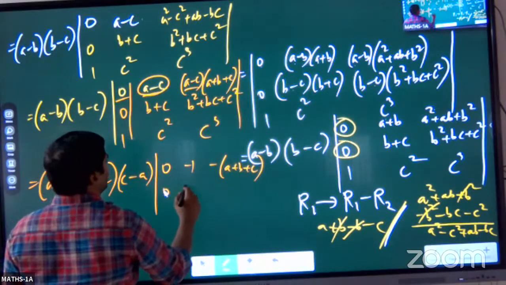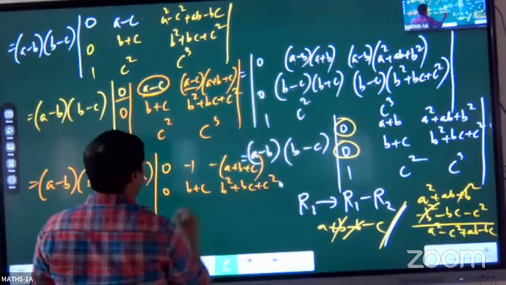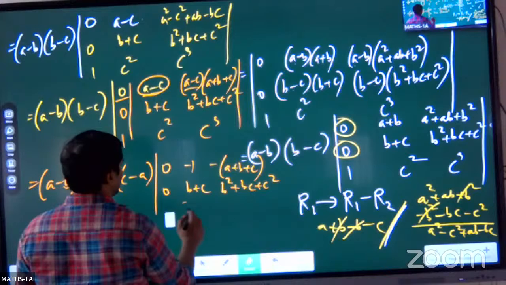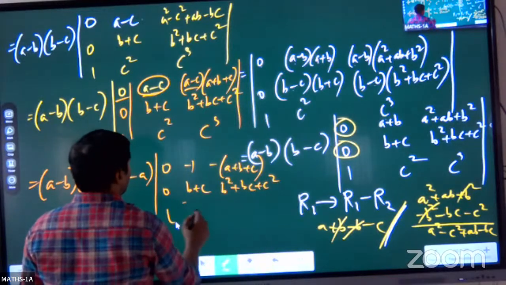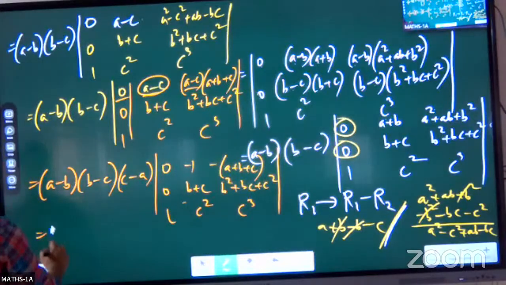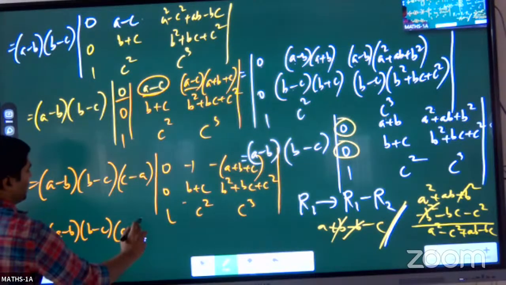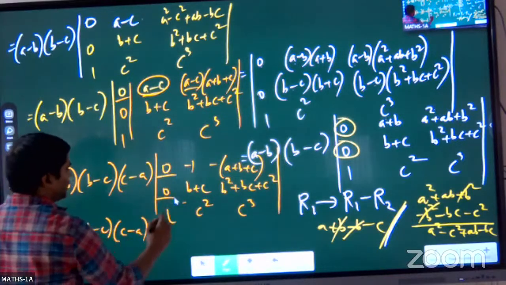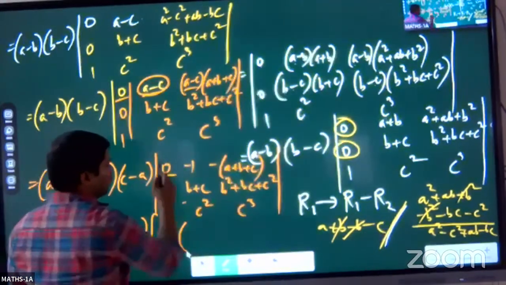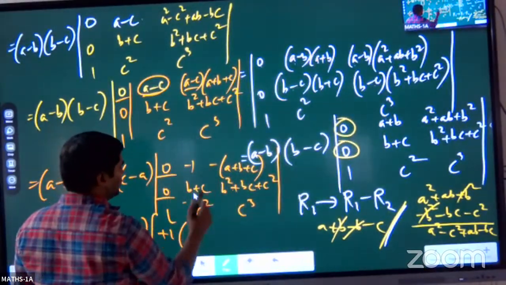Here 0, b plus c, b square plus bc plus c square. So, this is 1 c square c cube. Is it clear? That is nothing but a minus b, b minus c, c minus a. Anyway, this is 0, this is 0. So expand your determinant plus 1 into, leave the row column in which it is present. So the signs are minus, minus, plus.